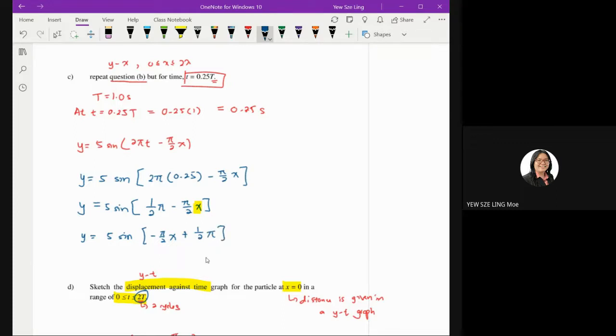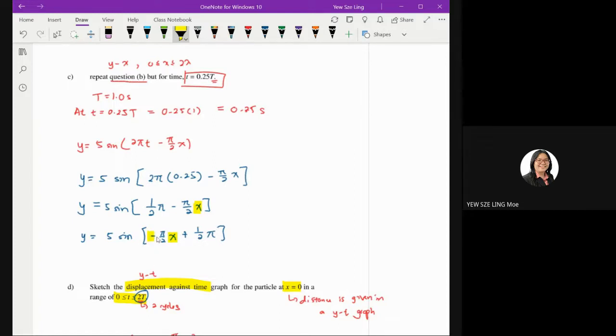Now, how do we simplify this equation? Your x is now at its correct position, but if you look at the equation, you have a negative sign there. Like I told you, you cannot have a negative sign in trigo functions. So what should you do? We are going to take this negative out.